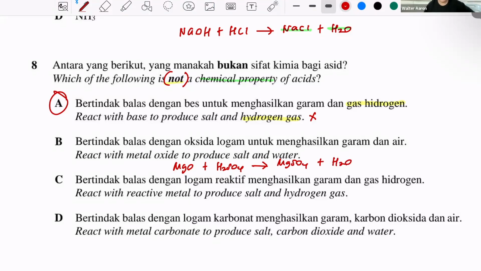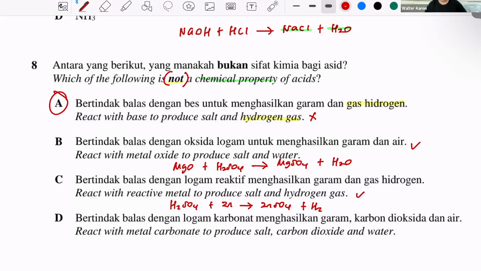So that's the basis of the reaction B, and therefore this is considered as correct. Reactive metal can produce salt and hydrogen gas. Yes. So for example, if you were to take H2SO4, sulfuric acid again, react with zinc, you'll be able to get zinc sulfate and also hydrogen gas. So this also proves to you that this is actually correct.